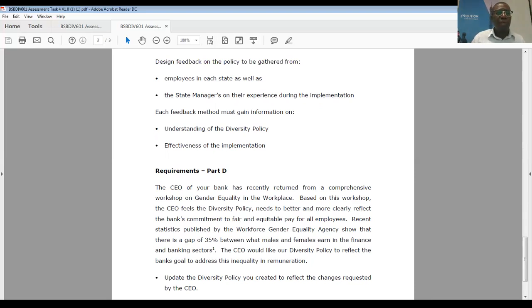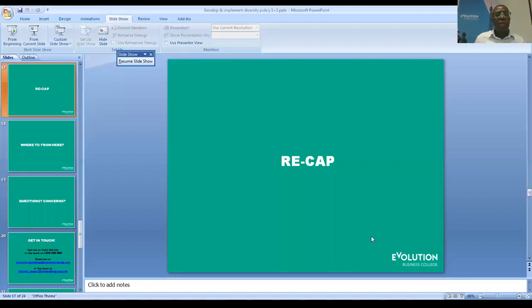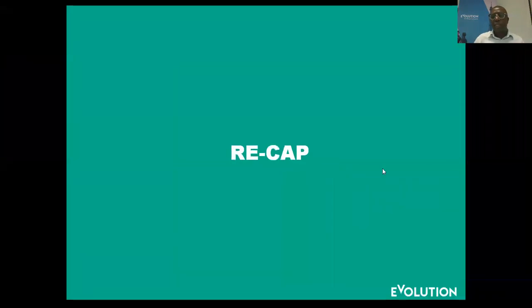If you are employed in any of these organizations, the onus will be on you to ensure that this diversity policy is carried into the future and its success is monitored.